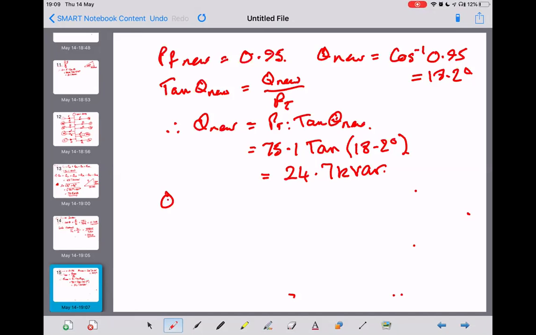I've done Q old take away Q new, so that is 65.7 take away 24.7, which is equal to 41 kilovar.